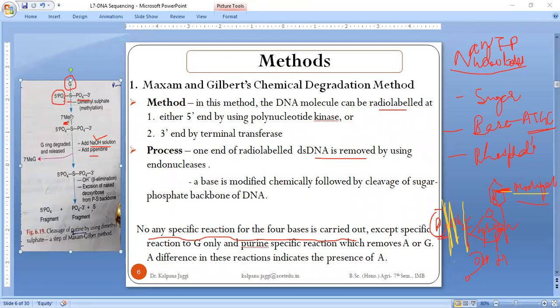This leads to the breakage of the base, that is, the ring is degraded and broken, and released, and left behind is only sugar phosphate, and this is again broken. This sugar phosphate backbone also we need to break. So the phosphate and sugar get separated from each other. So this is all about chemical degradation, right? This is how purines are degraded chemically. But we also need to know how the degradation takes place in terms of pyrimidines.